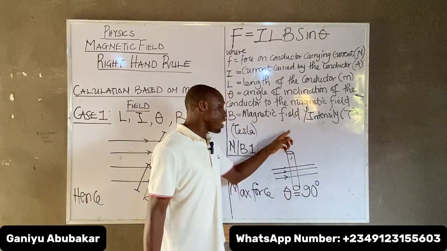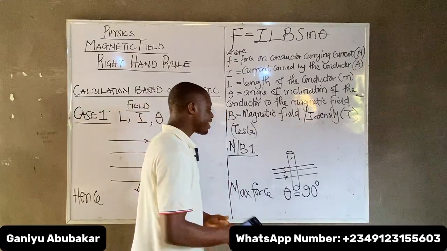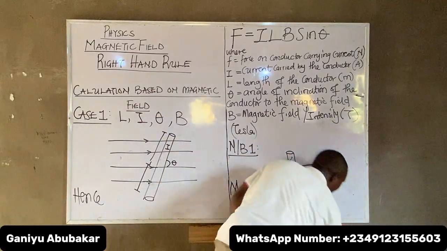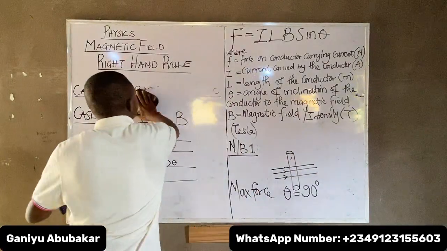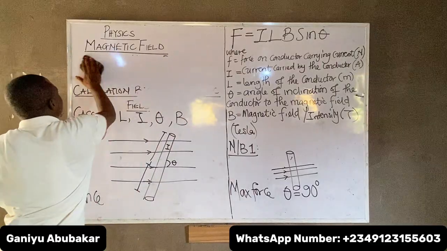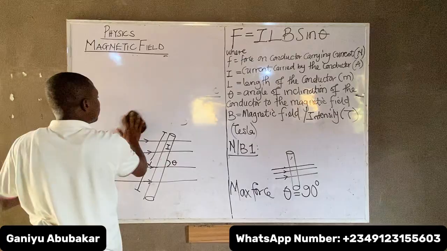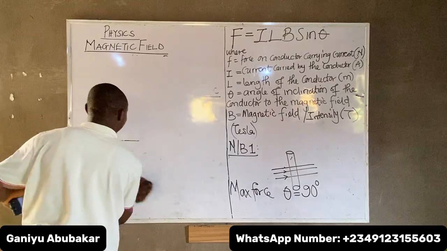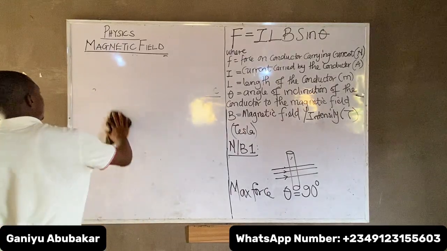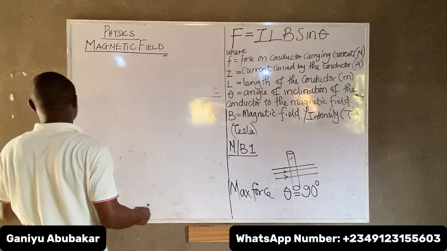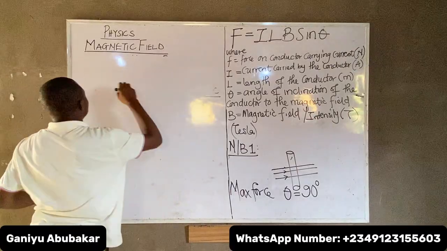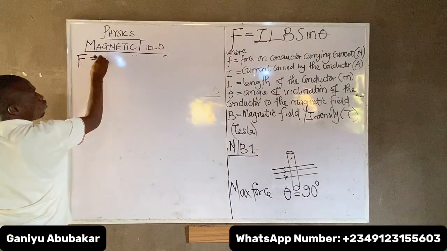Because the conductor is acting perpendicular. In a case like this, what formula will you apply for maximum force? Let's see how that works. From this concept, we know that F is equal to what?